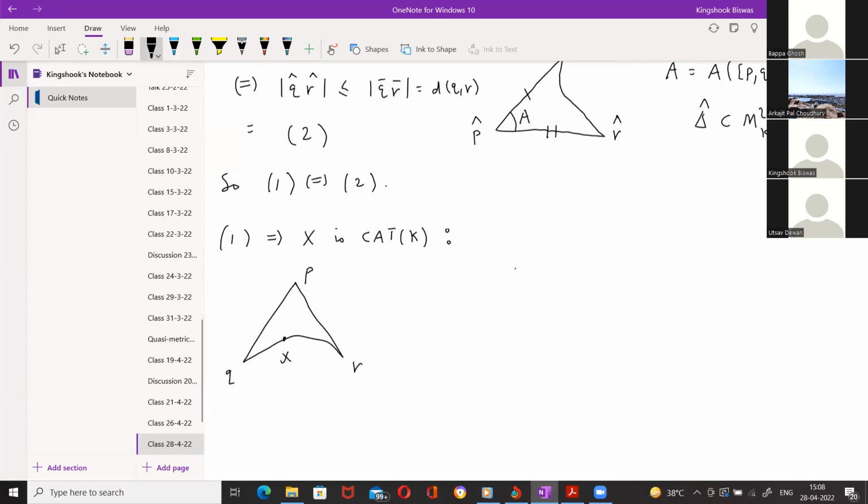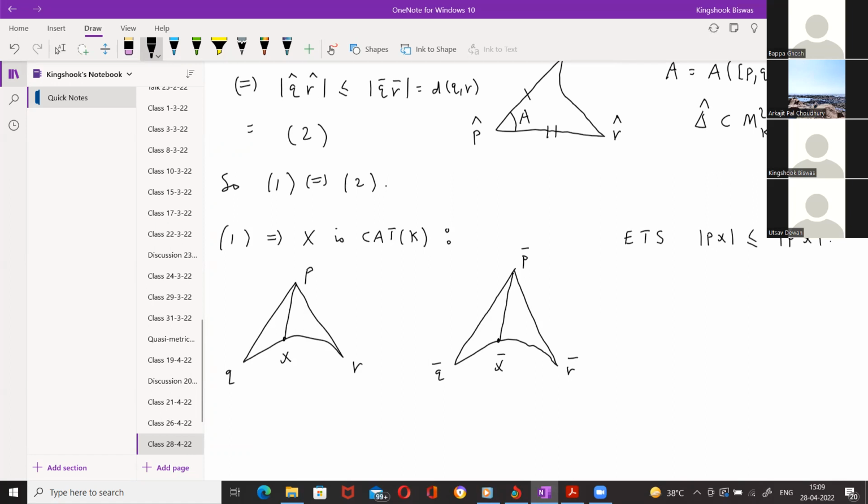And then I draw this comparison triangle P bar, Q bar, R bar. And I have the comparison point X bar, right? And then I have this distance here, and I have this distance here. So it's enough to show, by what we proved in the previous proposition, that the distance PX is less than or equal to the distance P bar X bar, right?